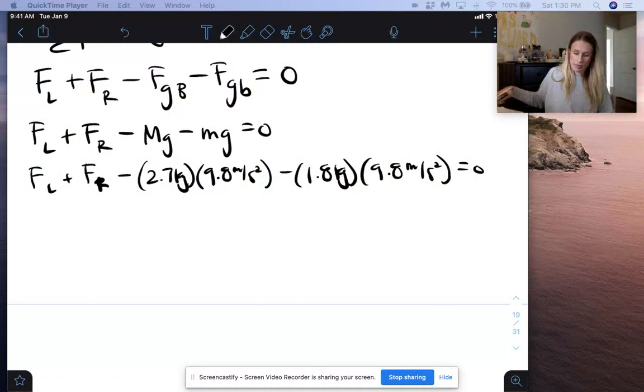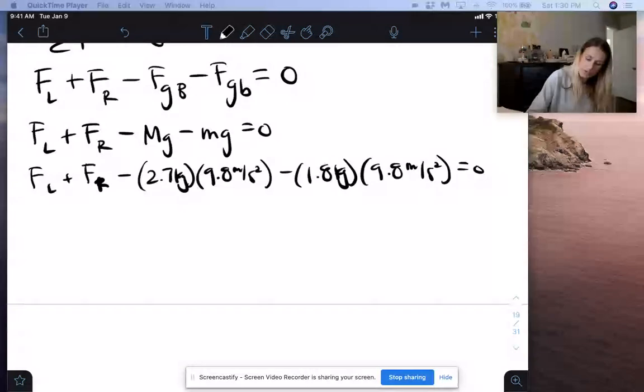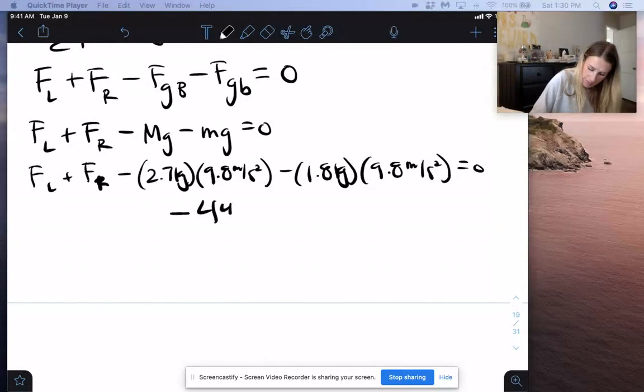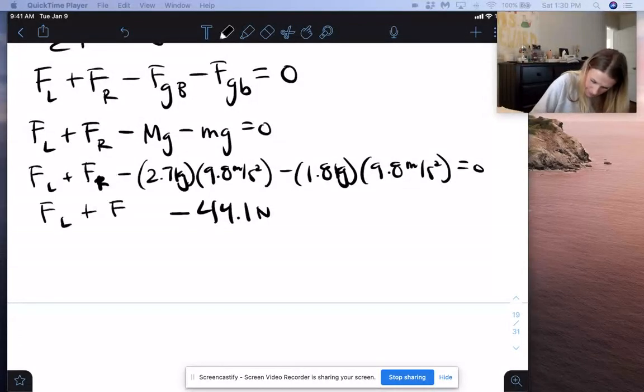So here we get 2.7 times 9.8 plus 1.8 times 9.8, so we're subtracting a total of 44.1 newtons. So we get force left plus force right equals 44.1 newtons.